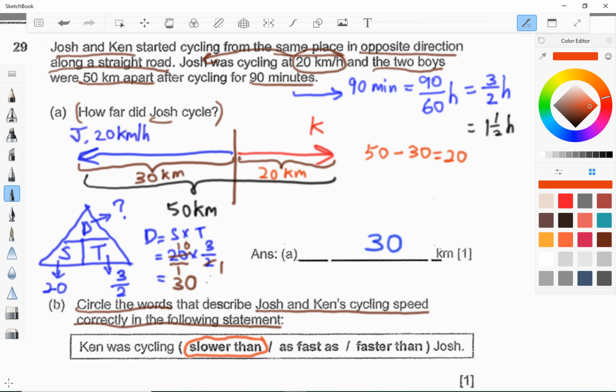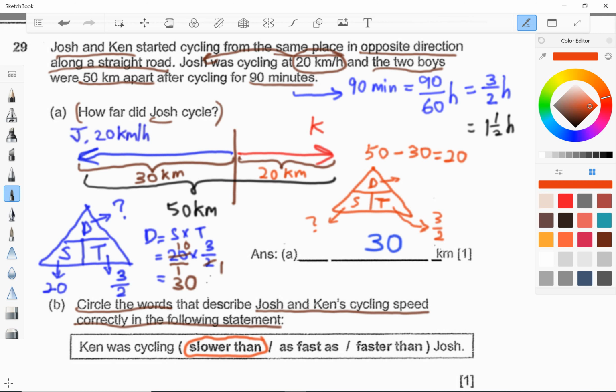If you would like to double check, triple check our answer, no problem. We just need to find the speed for Ken. So once again, we will draw the speed triangle, the DST triangle. So D, S, and T. Speed is what we are trying to find, that's our question mark. And the time has got to be 3 over 2, 90 minutes, 3 over 2 of an hour.